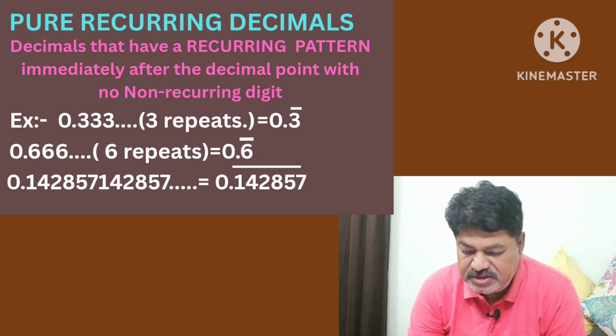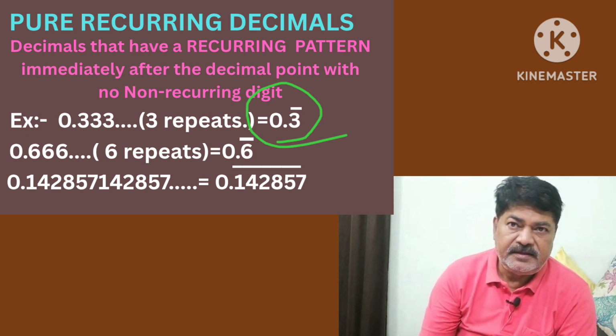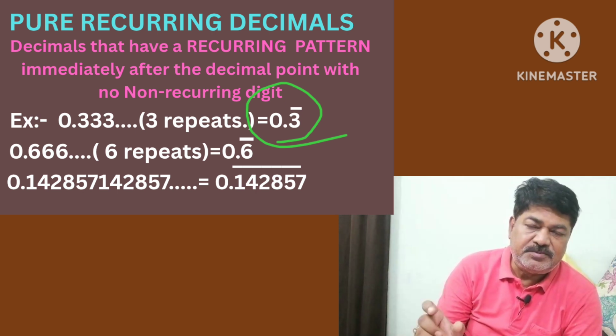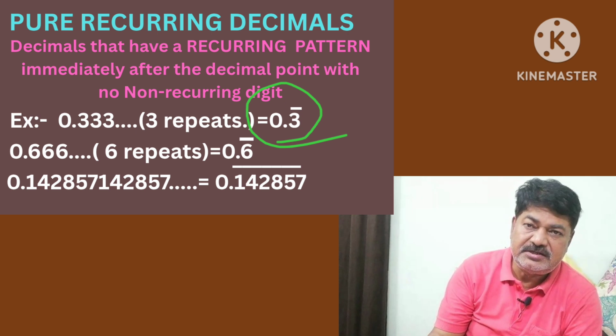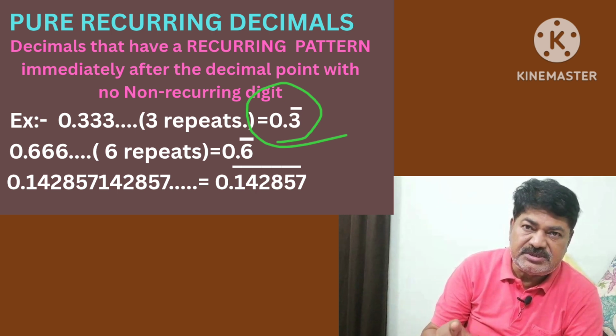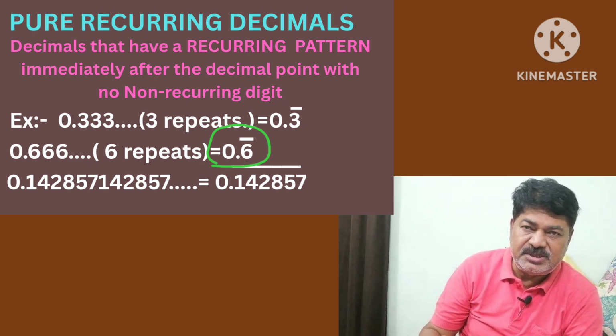Since 0.3333 is there, this can also be written as 0.3 bar. 0.3 bar indicates that this decimal is pure recurring decimal because only 3 is there after decimal point and this 3 is repeating continuously. 0.666 dot dot dot can also be written as 0.6 bar. It indicates that the digit 6 is there after decimal point, which is repeating.